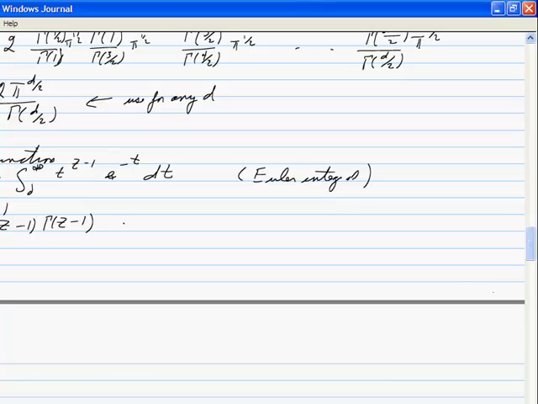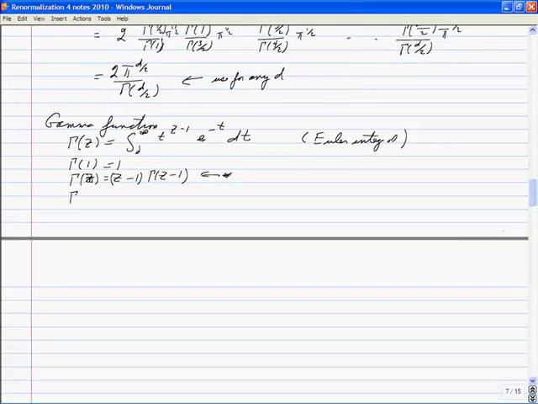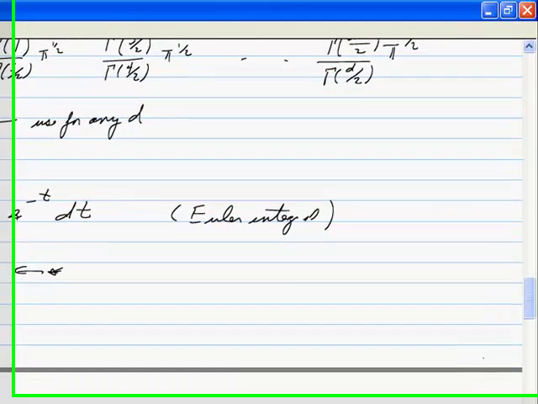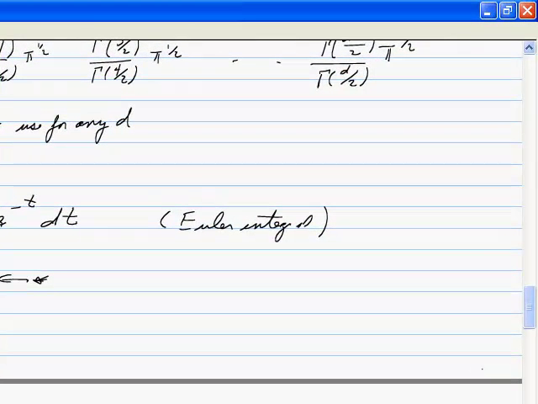That's the crucial identity actually for the gamma functions. This then says that gamma of n is n minus 1 factorial, because you can just keep reducing it. Gamma of 3 would be 2 times gamma of 2, which is then 1 times gamma of 1, so it becomes n minus 1 factorial.